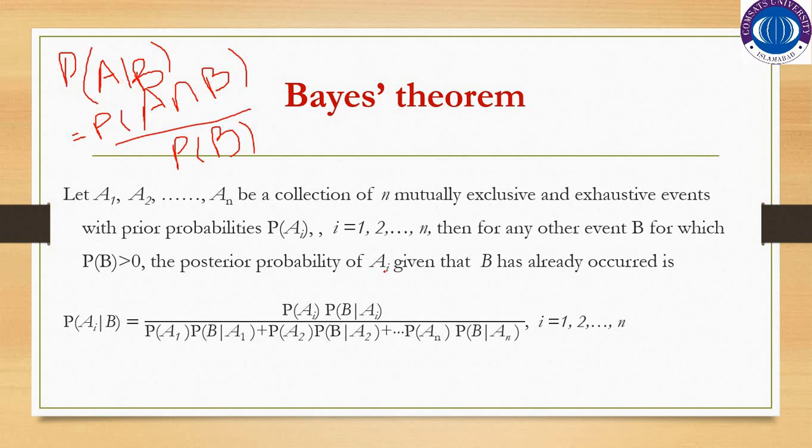If we concentrate here, we have the same situation. We have to find the probability of AI given that B has already occurred.